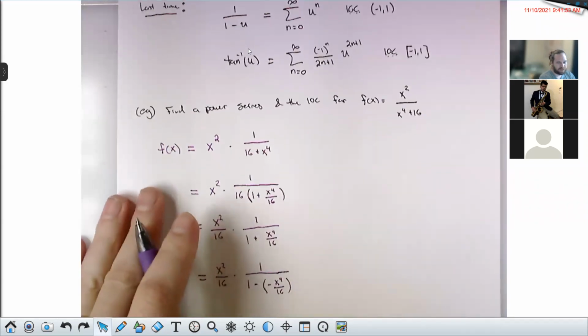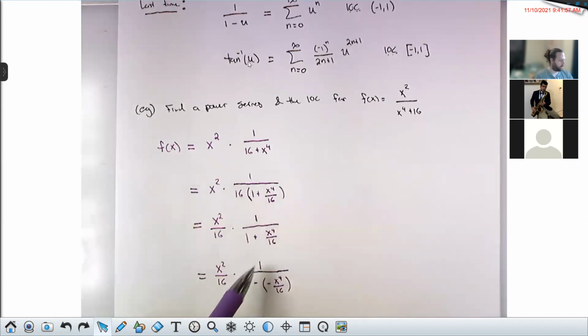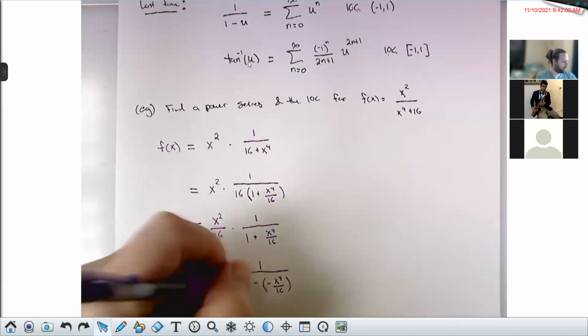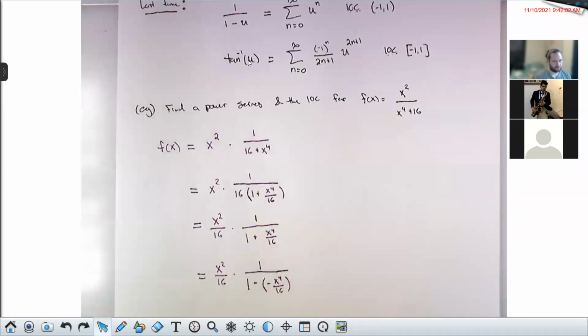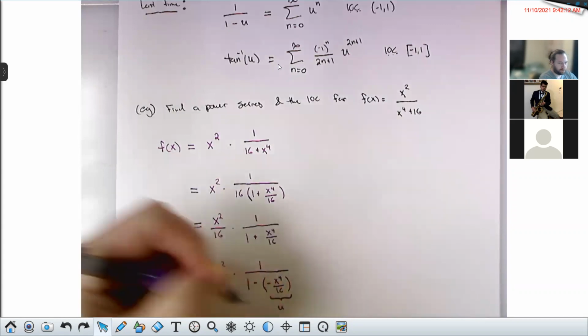So it might feel silly, but remember the goal is just to get this fraction to the form 1 over 1 minus something. I don't care what the something is. I just need 1 over 1 minus something. So this piece right here is what I will use for u.